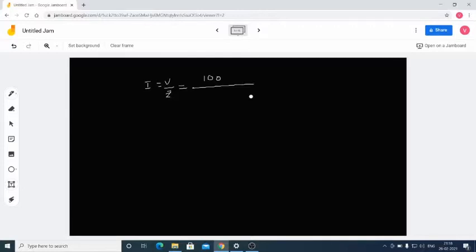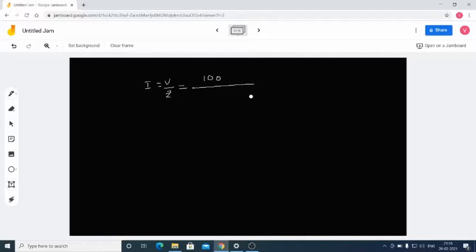In the given network, the input voltage Vs is 100 volts, the resistance value is 50 ohm, the inductance value is 40 millihenry, and the capacitance value is 100 microfarads.